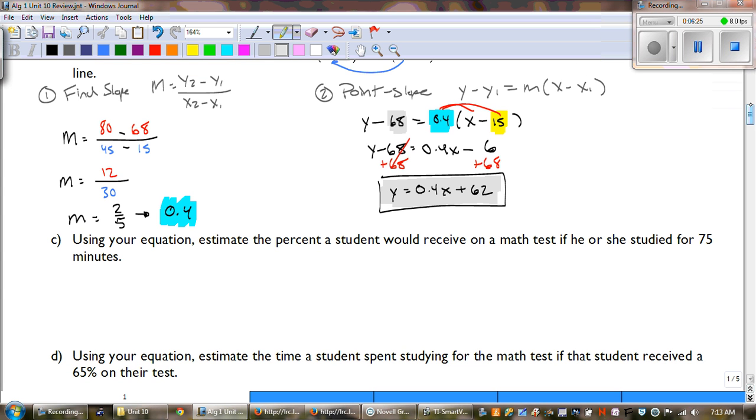Okay, next one says, using your equation, estimate the percent a student would receive on their math test if he or she studied for 75 minutes. Well, it looks like we need to know what's our x and what's our y. So they told us 75 minutes, and they're asking us for the percent.